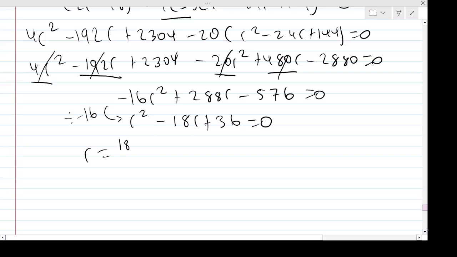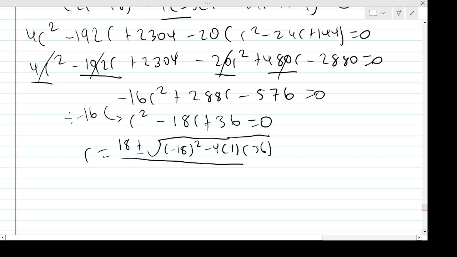Plus 18, plus or minus square root of minus 18 all squared, minus 4 lots of 1 of 36, all over 2 lots of 1, and that would give me the solutions. I get 9 plus or minus 3 root 5. Okay, so those are the two solutions for r then.